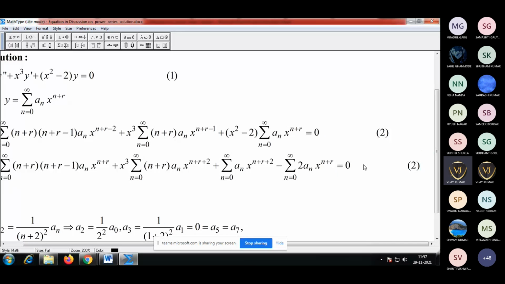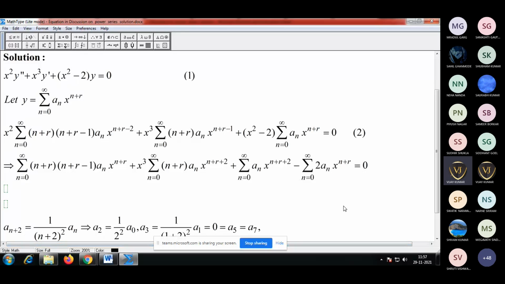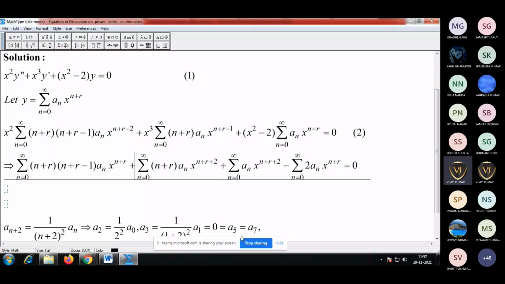This term is equal to 0. Now we may combine all the summations, and we can equate the coefficient of the lowest power of x to 0.